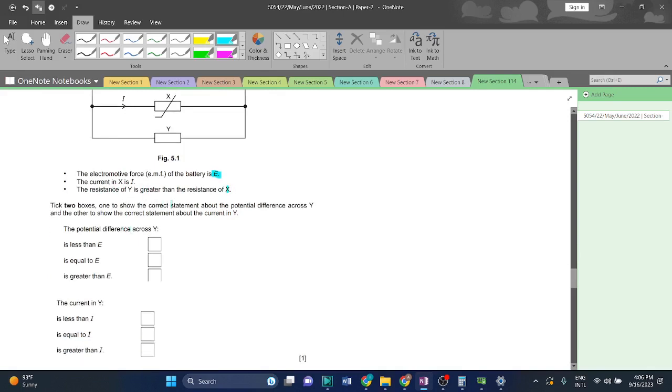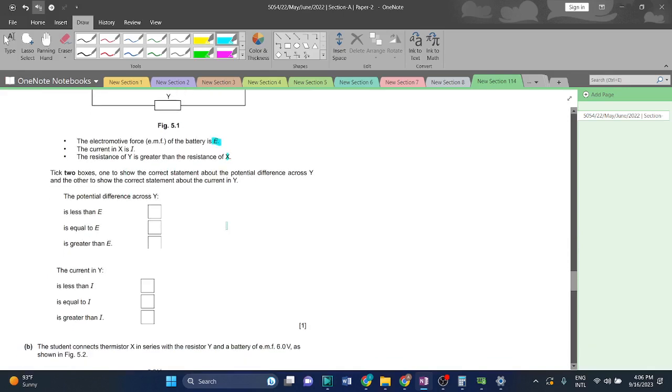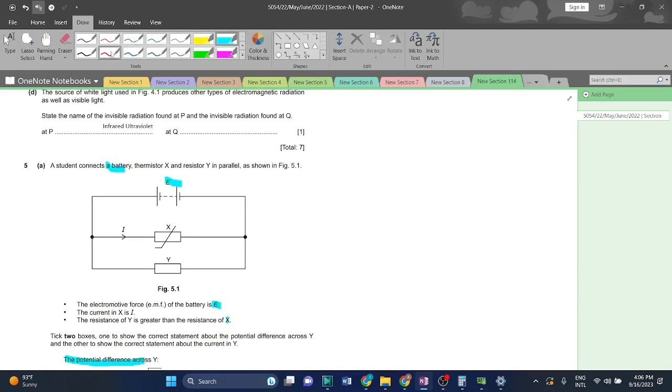Tick two boxes, one to show the correct statement about the potential difference across Y and the other to show the correct statement about the current in X, Y. The potential difference across Y will be, first of all, whatever comes from here. The potential difference across Y and the potential difference across X will be the same.